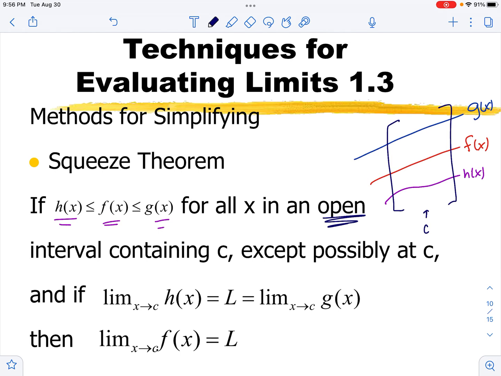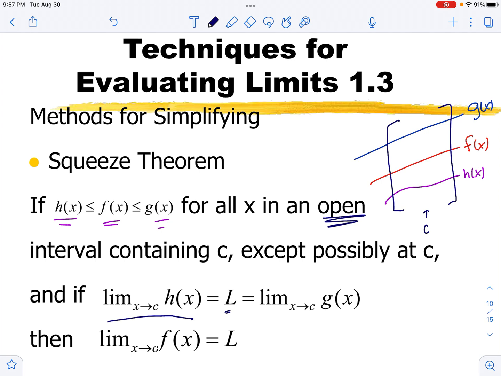If that's the case, and so this was just to kind of give you a visual, and the limit as x goes to c of h of x, which is our bottom piece here, is L, and the limit as x goes to c of g of x, which is our top function, is L. So if these 2 limits, if these 2 y values, remember that a limit is a y value, is L on the top function and the bottom function, then the middle function also has to be that.